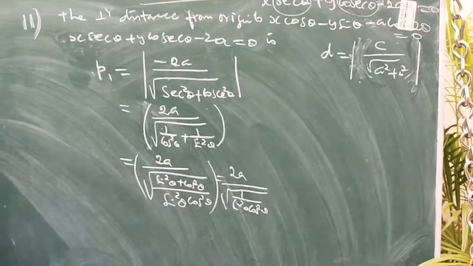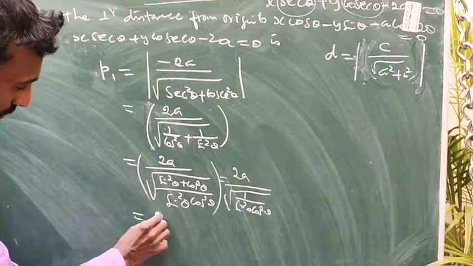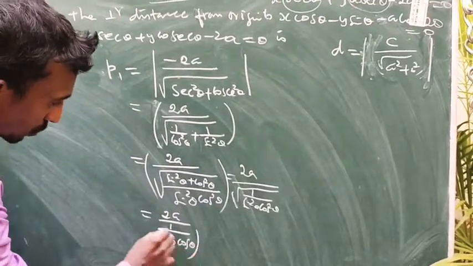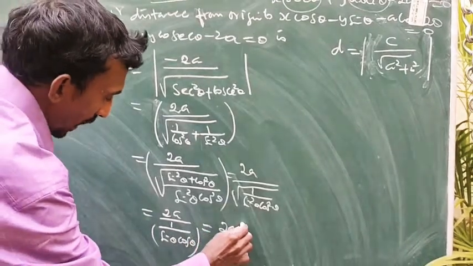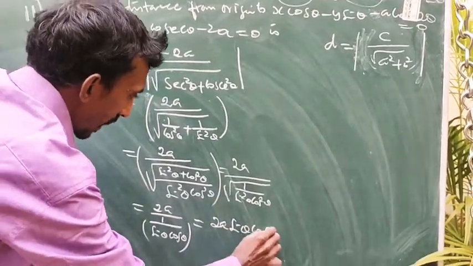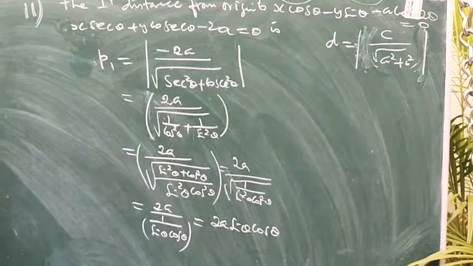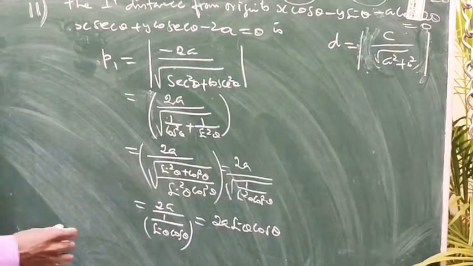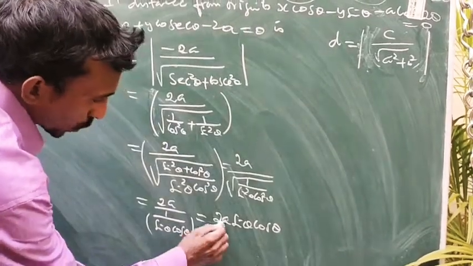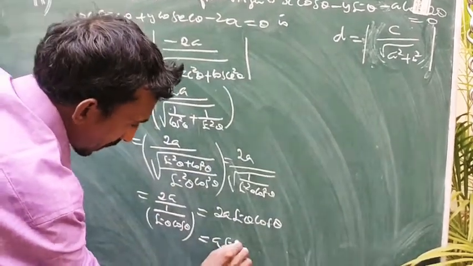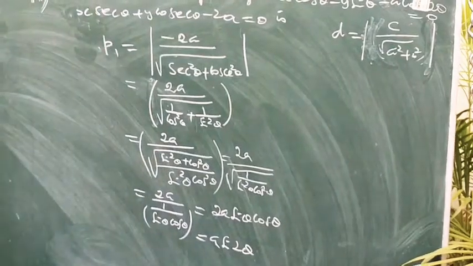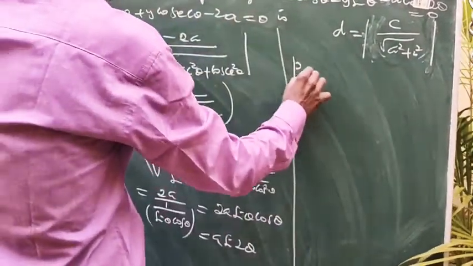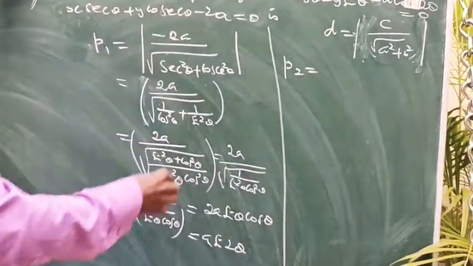If we take the square root, 2a by 1 by sin theta cos theta, it goes to the numerator. So 2a sin theta cos theta. If you want, you can write this as a into 2 sin theta cos theta, which is sin 2 theta.